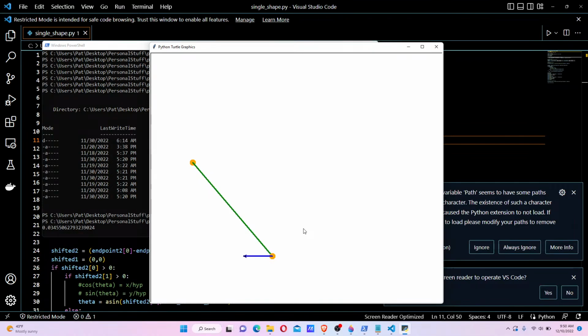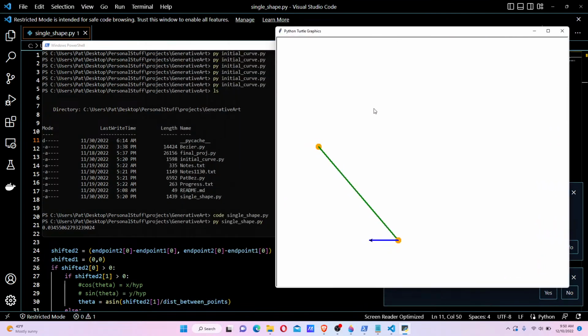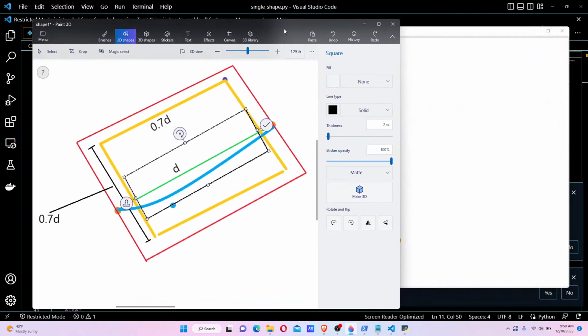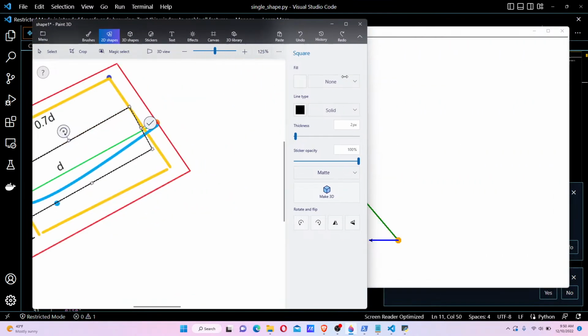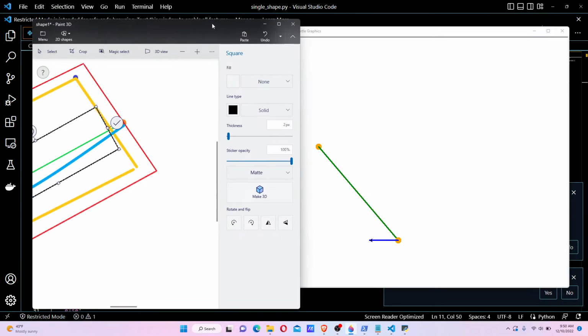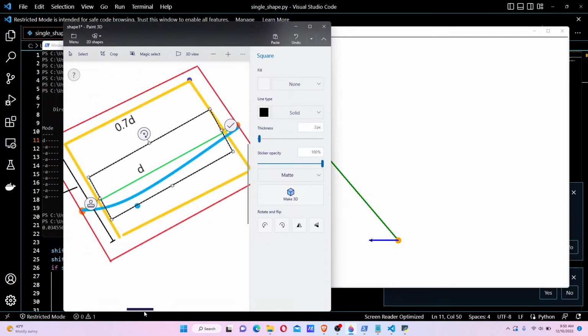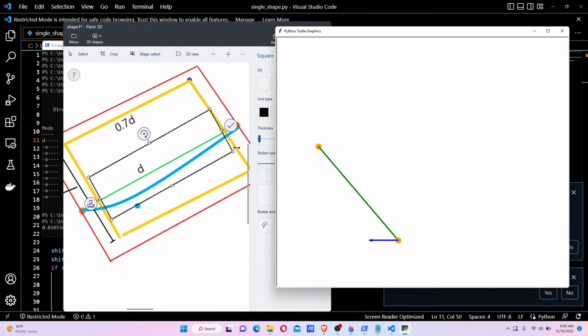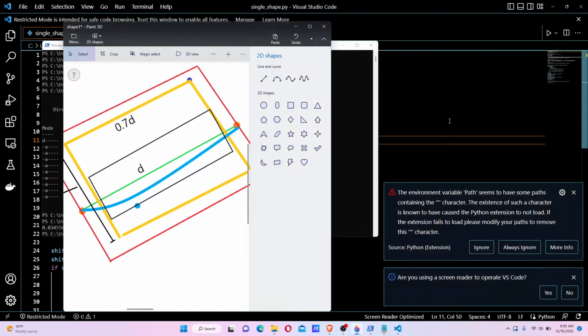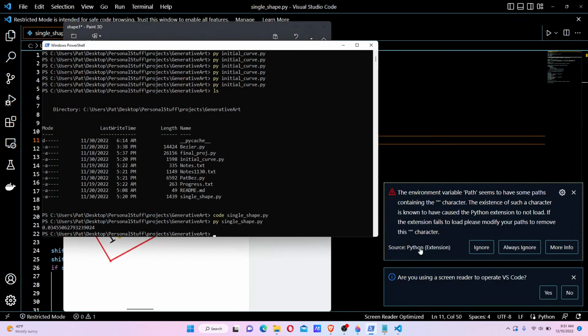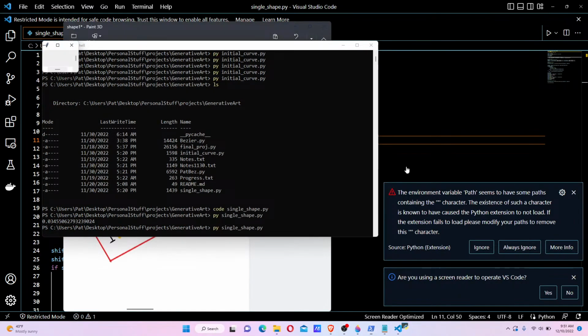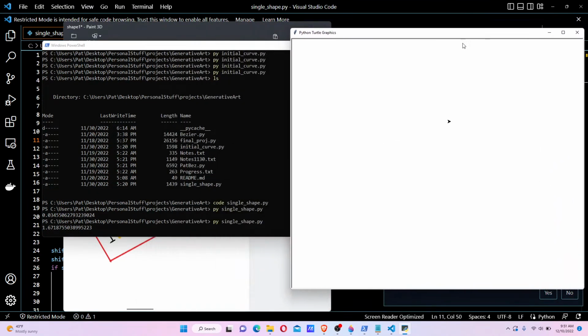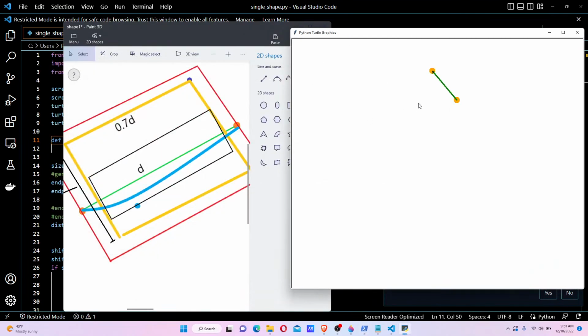Oh, okay. Great. So it generates two random endpoints, draws the endpoints the same way that I did here in this picture. So we got the orange endpoints. Now, run that again. And then it turns around and draws that blue line.